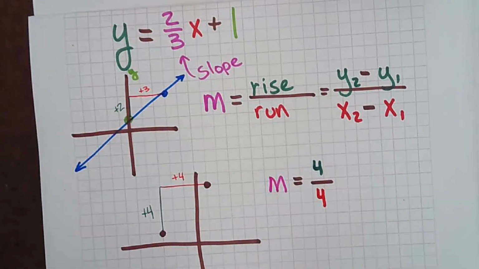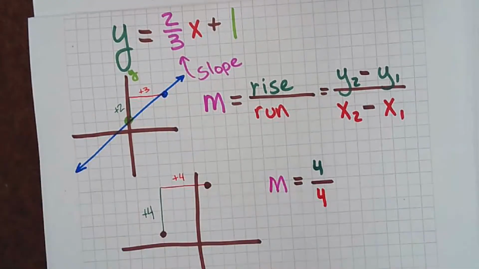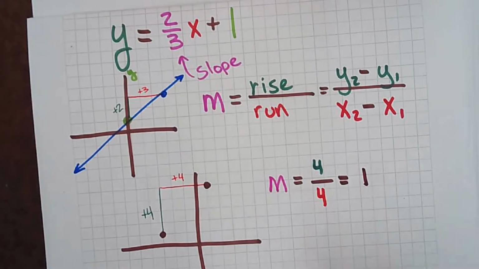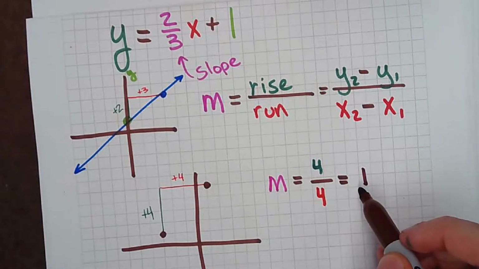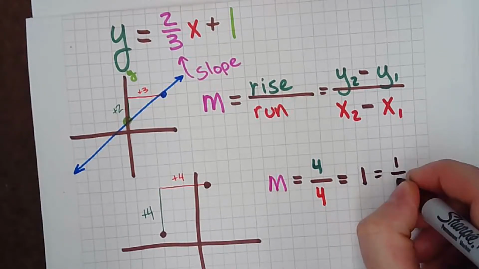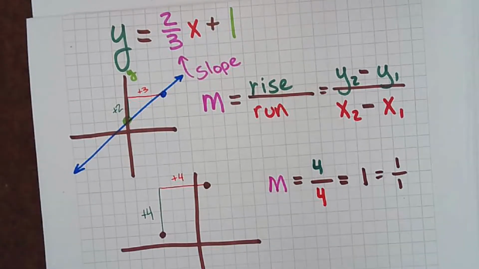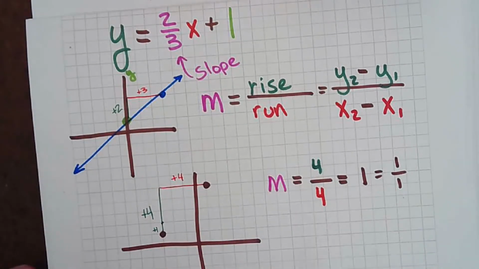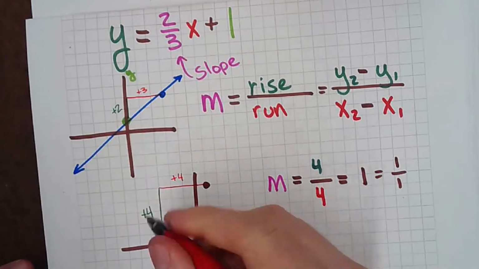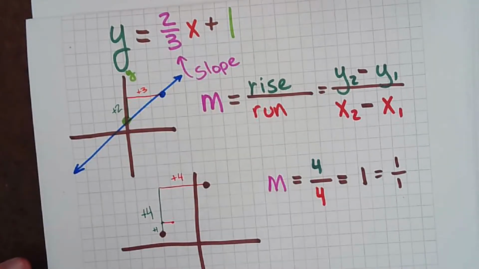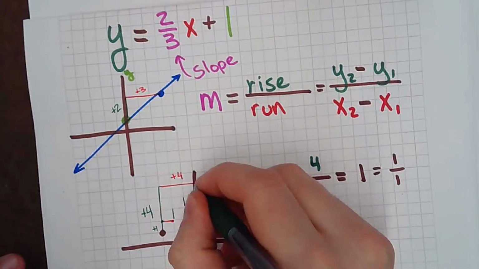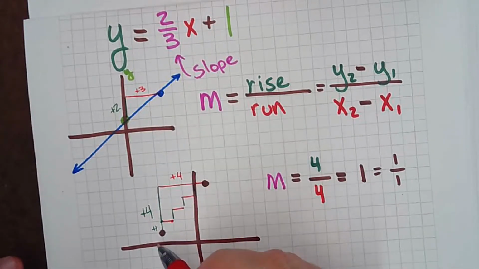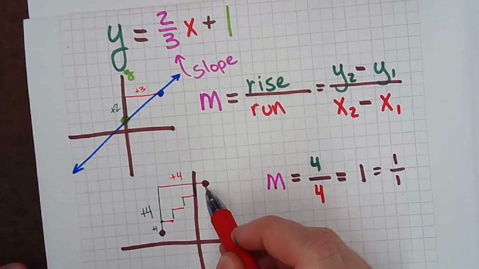Now what's interesting about this type of slope is that this is a fraction, 4 over 4, and you know 4 divided by 4 is just 1. So our slope is 4 over 4. It can also be thought of as 1, or as 1 over 1. That makes sense, because if you were to go up 1 and over 1, and keep repeating this process over and over, you would in fact end up at this point right here.